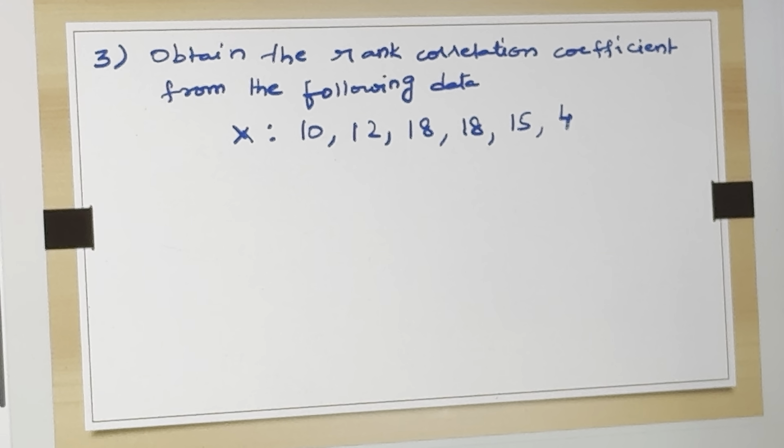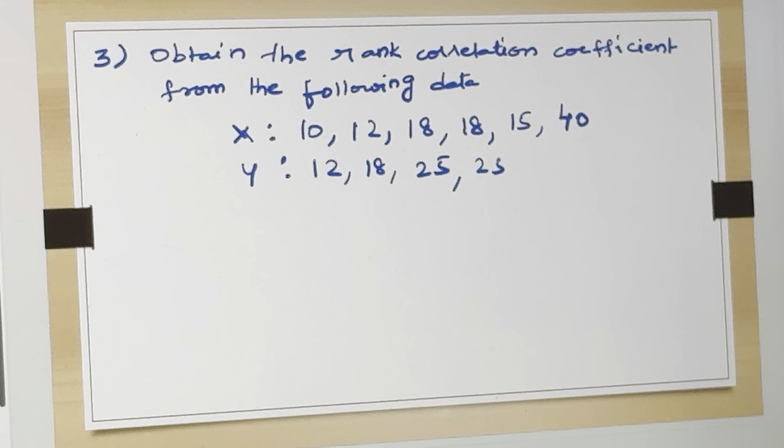ठीक है, सो ऑब्टेन द रैंक कोरिलेशन कोएफिशिएंट फ्रॉम द फॉलोइंग डेटा. एक्स वैल्यूज आर गिवन एज 10, 12, 18, 18, 15 and 40. The values of y are 12, 18, 25, 25, 50 and 25. Okay, so let us understand how to solve this particular sum.